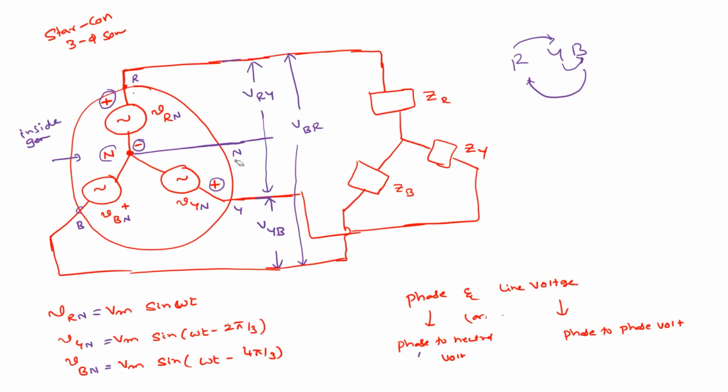Clear? Do you have any questions here? Sir, what are those Z1, ZB, ZR, ZY? Where is ZB? These are the impedances, the load impedances. Why did you connect those batteries to this?